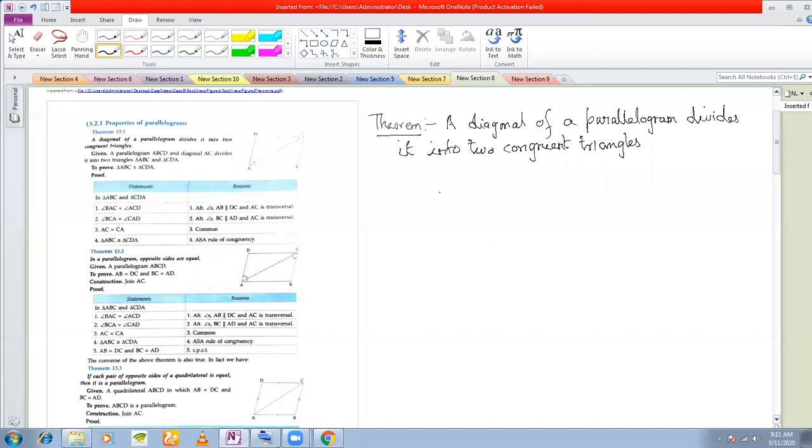Okay, diagonal of parallelogram divides it into congruent triangles. I've given you this as a property. Okay, and we now discuss the proof of this property.